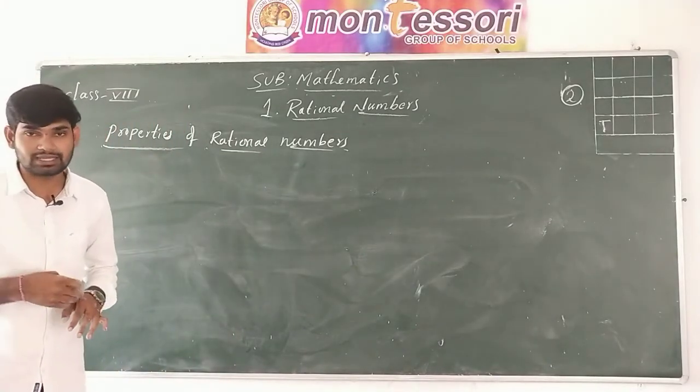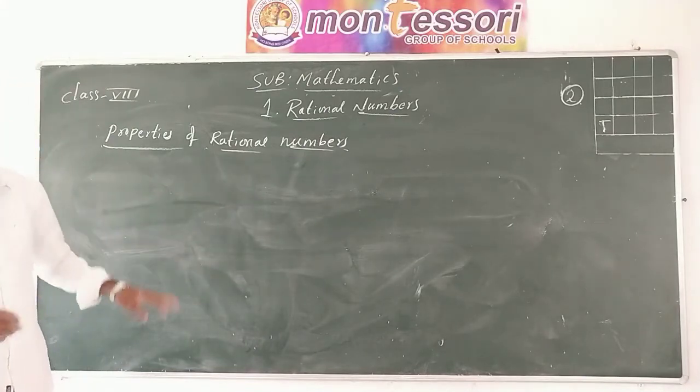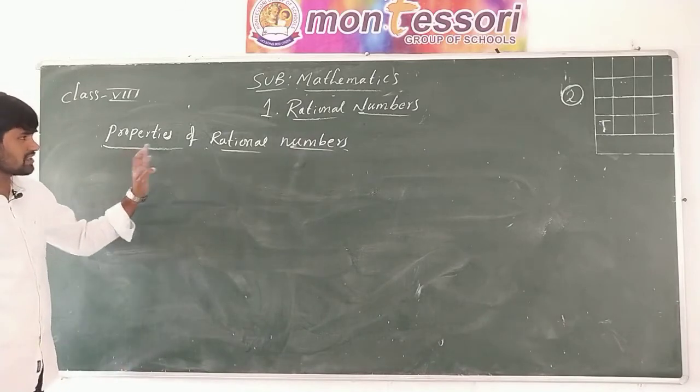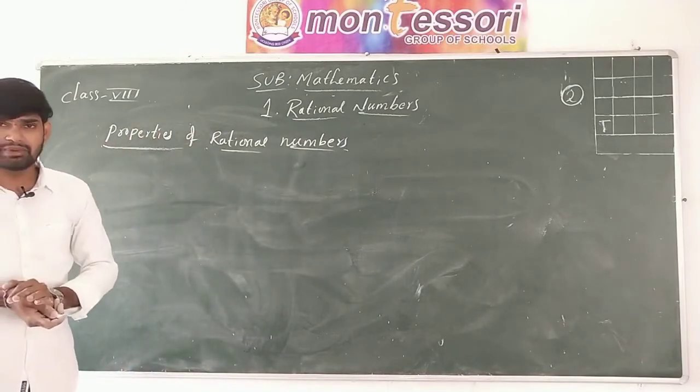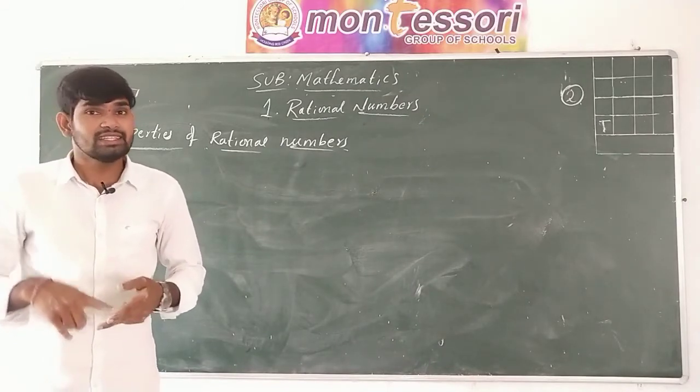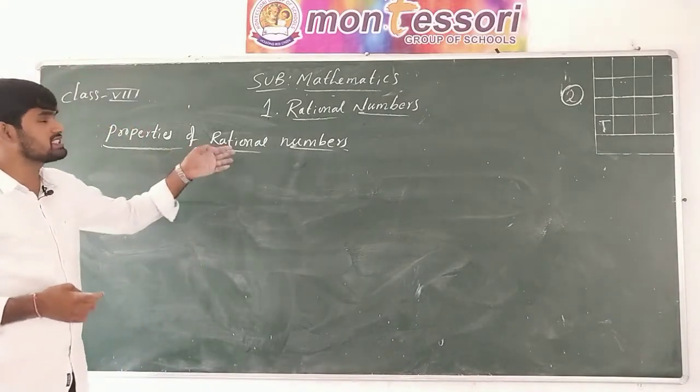And now let us see the properties of operations on the rational numbers. Properties of whole numbers, properties of integers you have learned. In the same way, we are going to apply the same properties on the rational numbers.